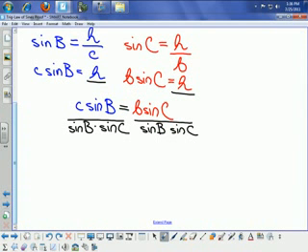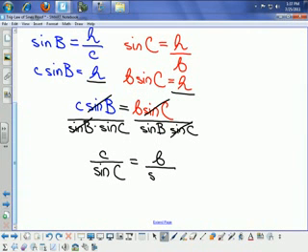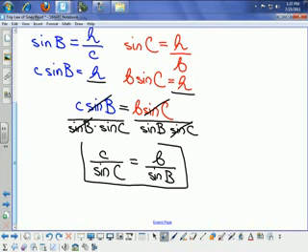And when I do that, on the left side, sine B cancels. So I'm left with c over sine of angle C. On the right-hand side, sine of angle C cancels. So I am left with side b divided by sine of angle B. And that is one part of our law of sines.